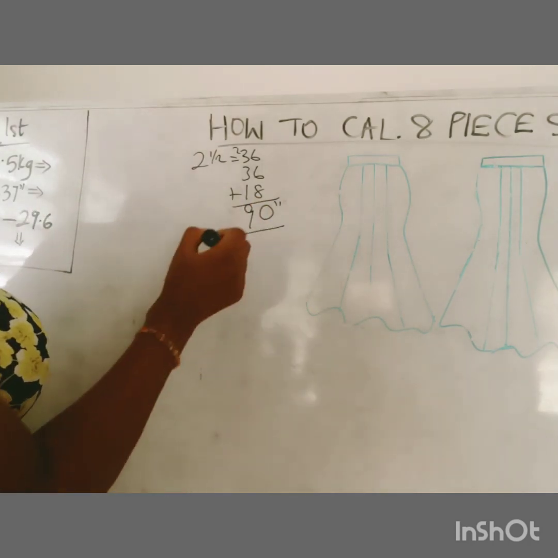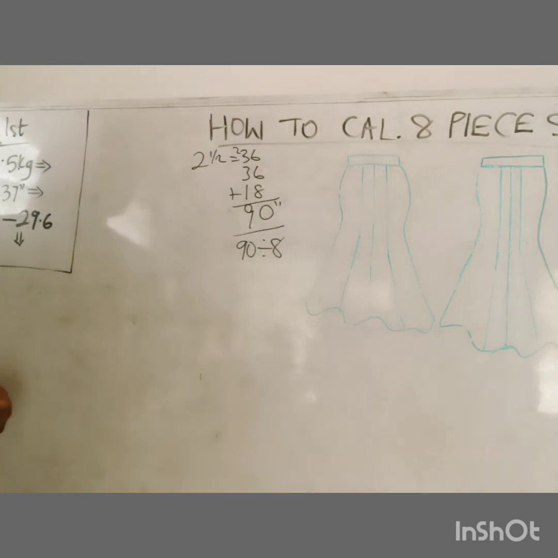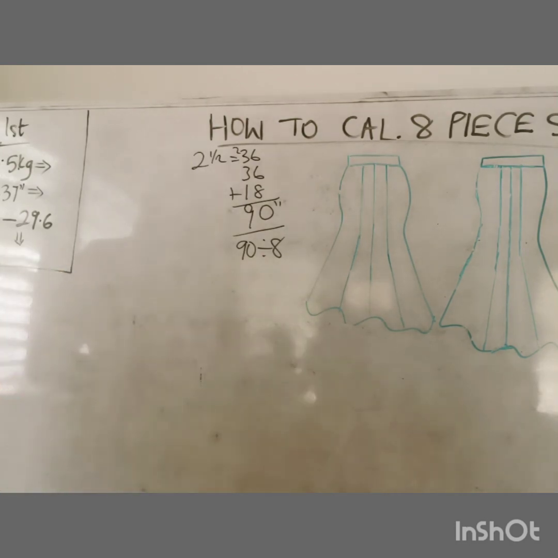Then the next thing you want to do is to divide 90 by 8, and that is how you are going to share each panel.